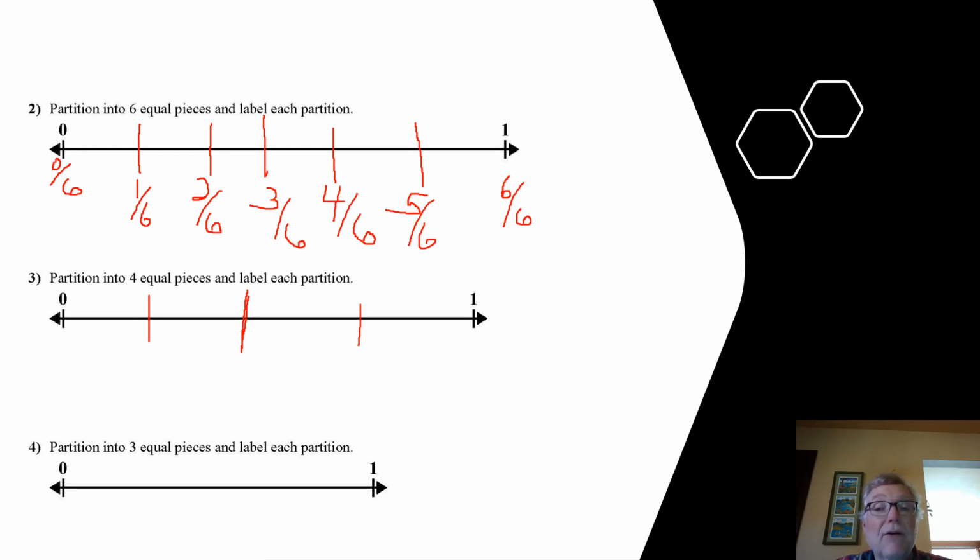So now I'm going to go ahead and label it. Again, my denominator is going to be 4. So all of this is going to be over 4.